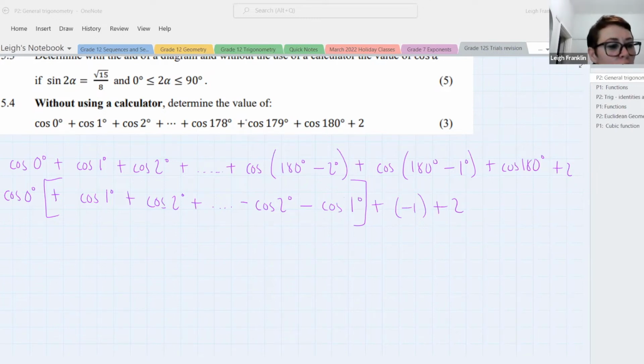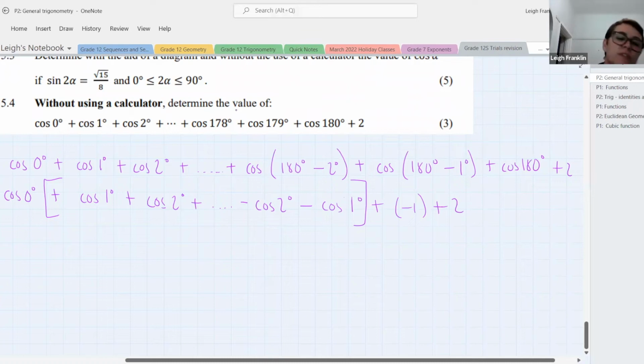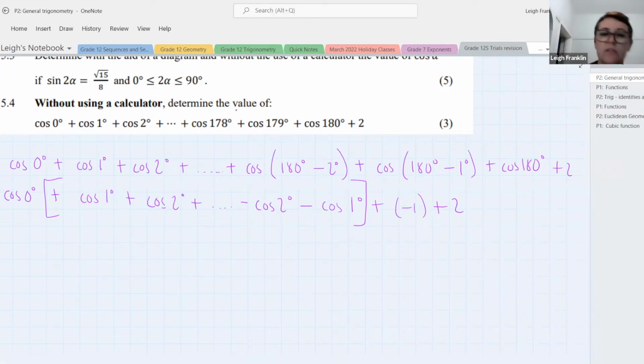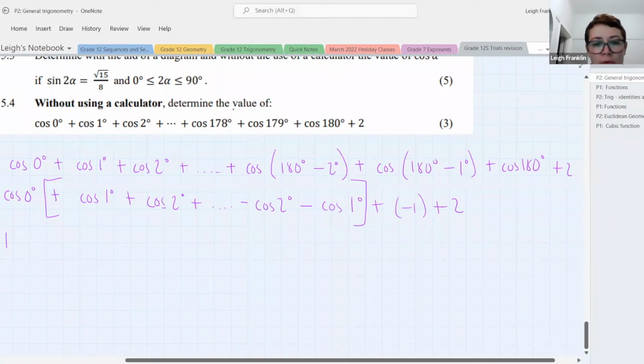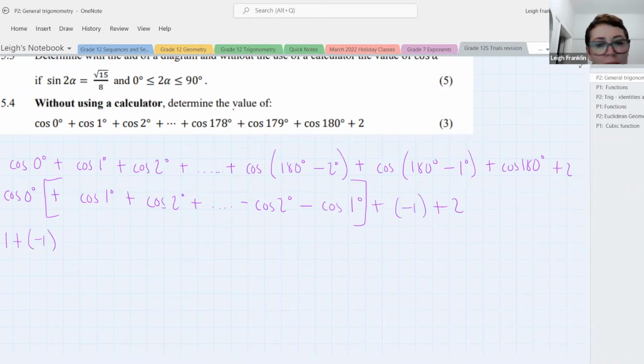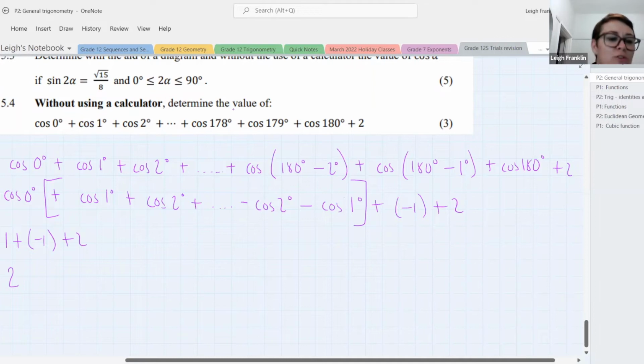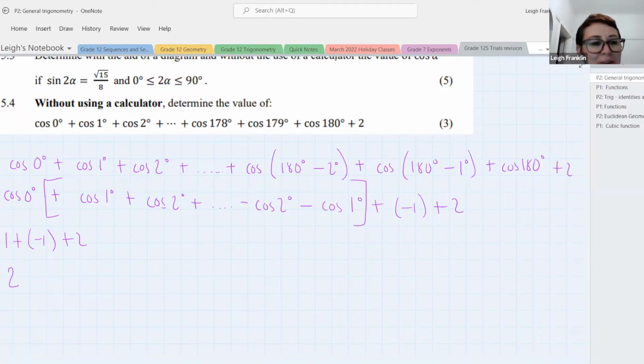What is the cos of 0? Again, think about your graph. The cos of 0 is 1, isn't it? So now we've got 1 plus all these zeros, plus -1 plus 2. And that's why Muhammad said the answer was 2. 1 minus 1 plus 2 is 2.